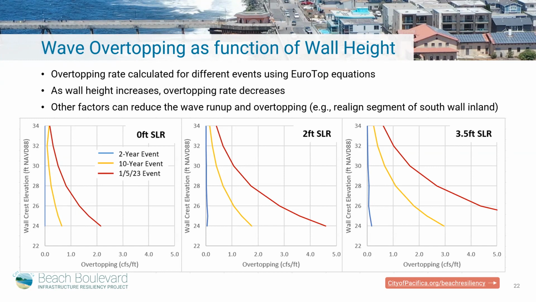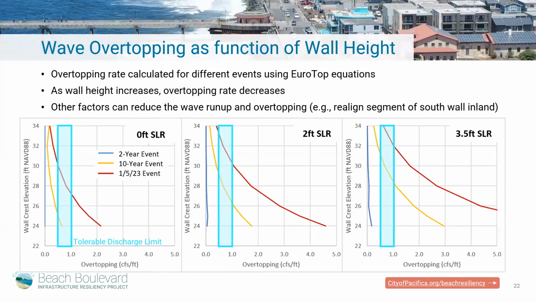And so if you hit the next slide button, what these charts show: there are 3 panels. The panel on the left is for 0 feet of sea level rise. The middle panel is for 2 feet of sea level rise, and the right panel is for 3.5 feet. Now on the vertical axis of these charts is the wall crest elevation, and on the horizontal axis is the overtopping discharge.